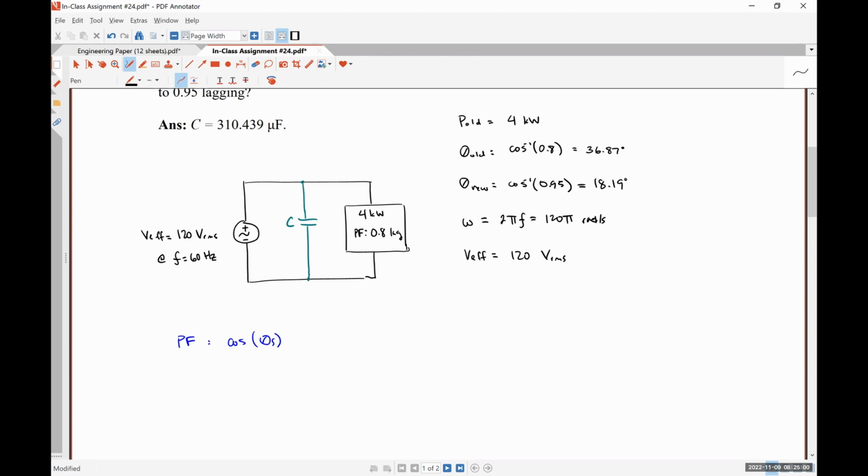And so now we have everything that we would possibly need to calculate our capacitance. Since I left all of my calculators on my desk yet again, please calculate this and tell me if it matches the result that we're looking for, where our equation is C is equal to P old times tangent theta old minus tangent theta new, over omega times V effective squared.